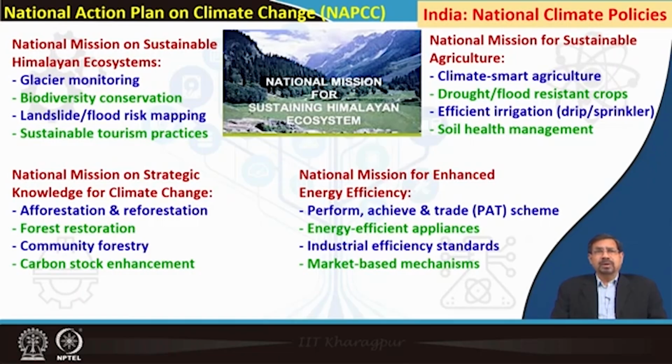Coming to the third one is landslide or flood risk mapping. So, as far as the Himalayan terrain is concerned, landslide is becoming a very frequent occurrence, because we are doing a lot of developments in the Himalayan mountain or Himalayan terrain.